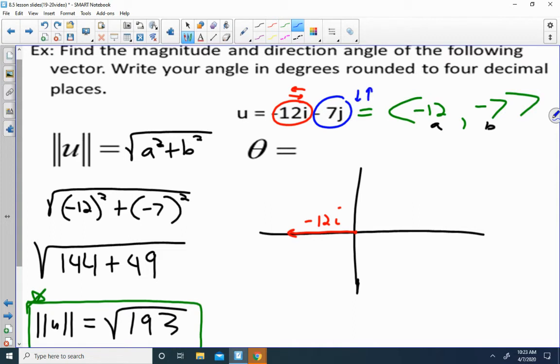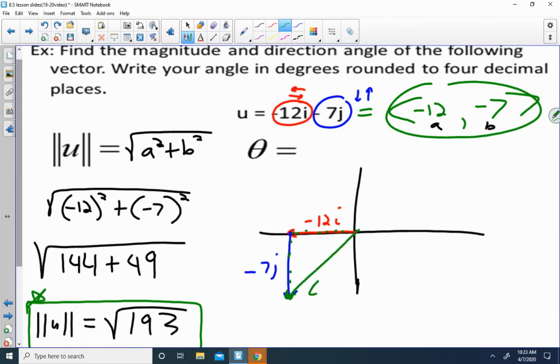Multiply that by negative 7, that's going to tell me to go down 7 units. And then for the third part, you'll do negative 12, negative 7. So 12 units to the left, 7 units down, and that's your third vector. All right, now you have a perfectly good triangle. We'll use this angle here at the origin.